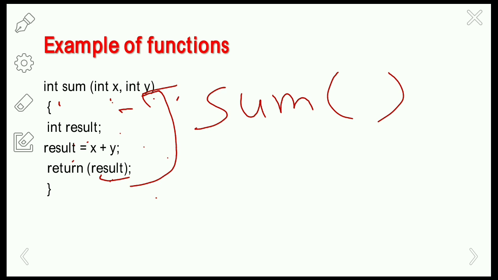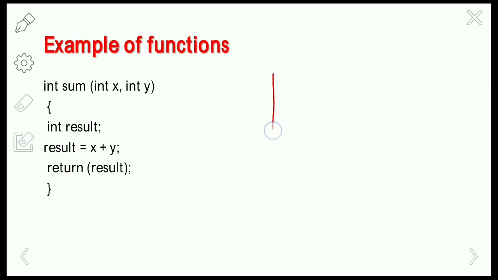Normally, functions will act as a black box. Black box means it will be opaque, and we don't know what is done in the black box. Suppose a box is there, and we are giving certain input to the black box.